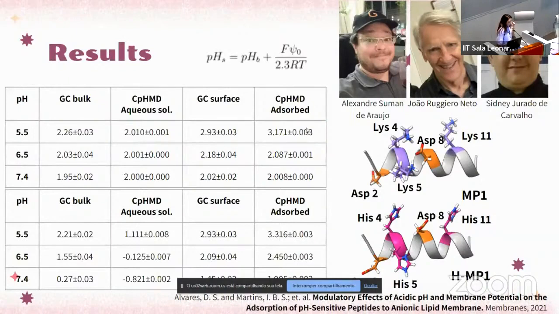The charge of both peptides at acidic pH is very similar experimentally. Constant pH is a little different, but we can see that it's in the decimals, right? The 3.3 and 3.1. So we think that the difference in the lytic activity could come from the structural difference or this small electrostatic difference between these peptides.